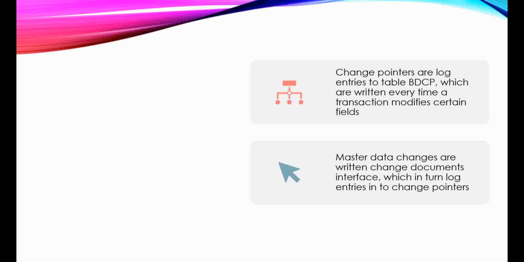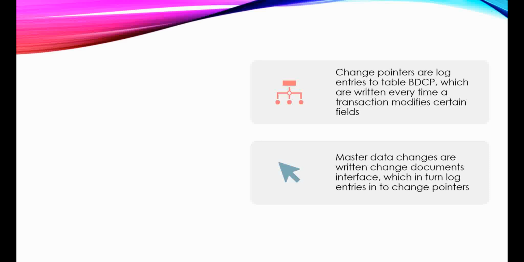While changing the master data, if we change the data related to particular fields, those fields will be stored into the change pointers table. In this video, I am going to show you a business scenario.